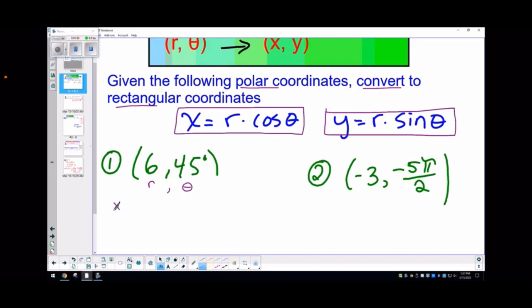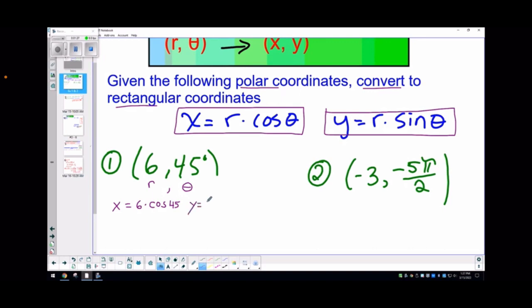And now we're going to write the two formulas down. We're going to be plugging in the 6 to r and obviously the 45 to theta. So you get 6 times cosine of 45. And then we're going to do the same for the y.